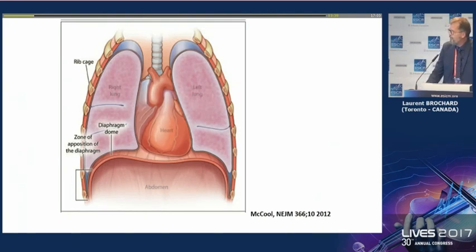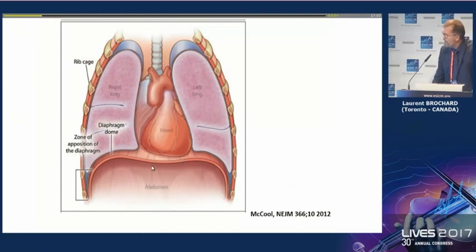I think probably the most useful way to look at how the diaphragm works is like a piston, going up and down, so going down to create negative pressure in the chest and to fill the chest. So the contraction can be made, for instance, by the pillars of the diaphragm.